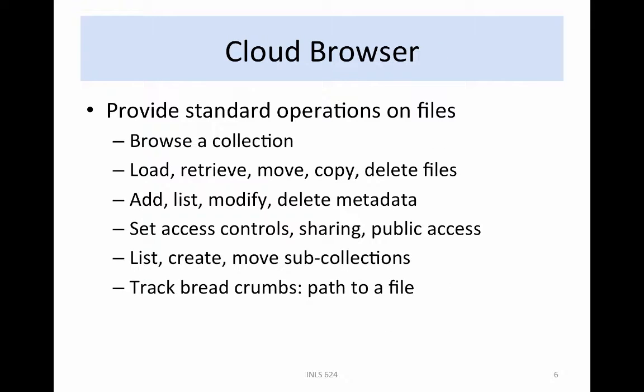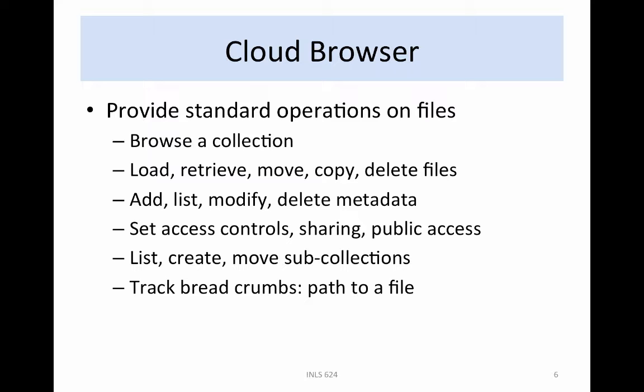The operations currently supported by the cloud browser include browse through all the file names in a collection, load, retrieve, move, copy, or delete files, add, list, modify, and delete metadata on files and collections, list, create, move, and rename collections, track breadcrumbs, the collection hierarchy that is traversed to reach a file.